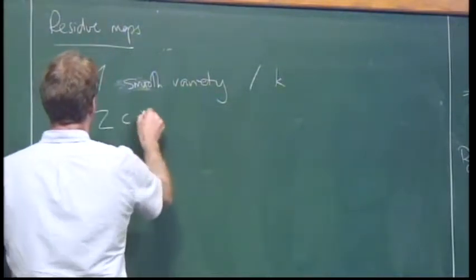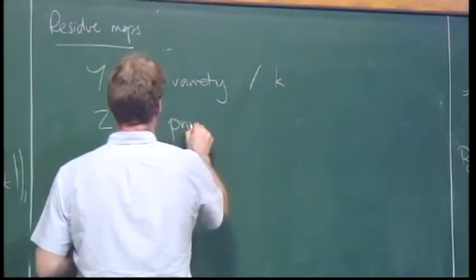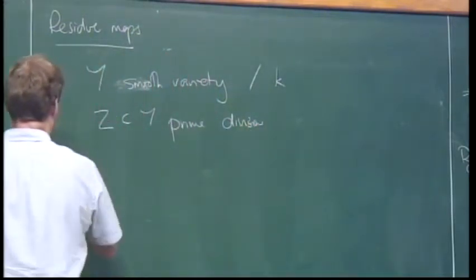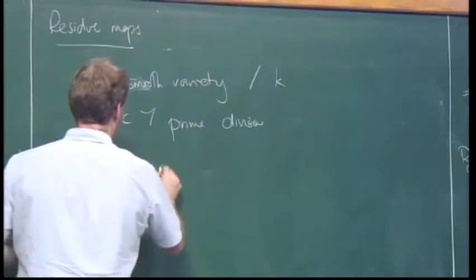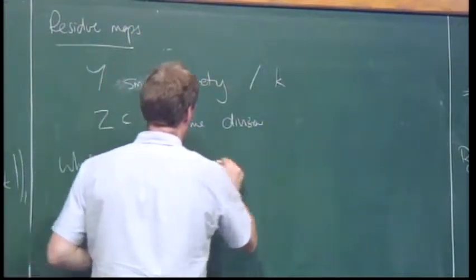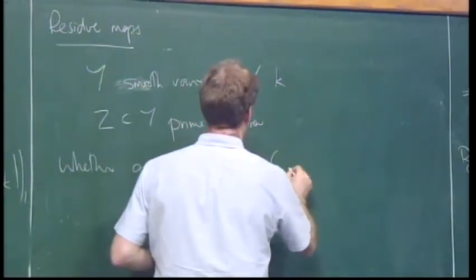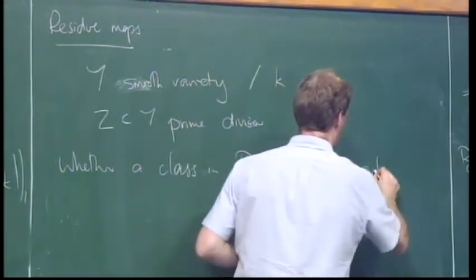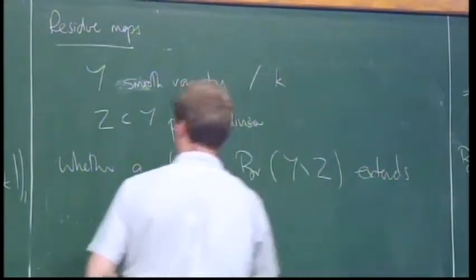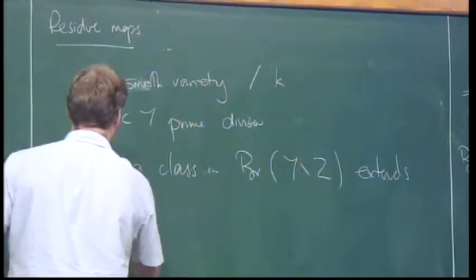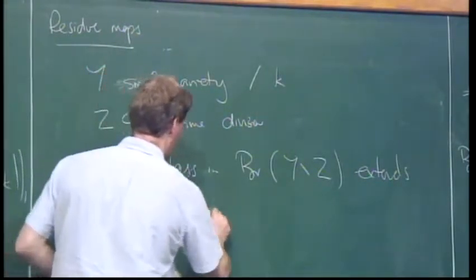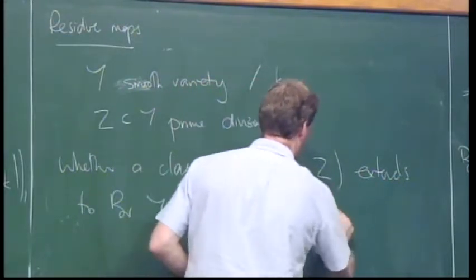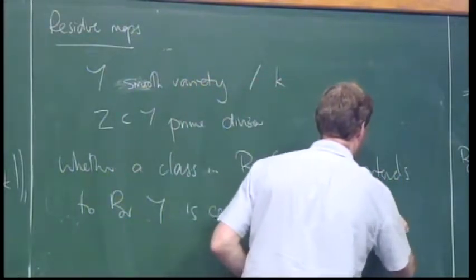So we'll take Z inside Y a prime divisor. Then whether a class in the Brauer group of Y take away Z extends to Brauer of Y is controlled by a residue map.